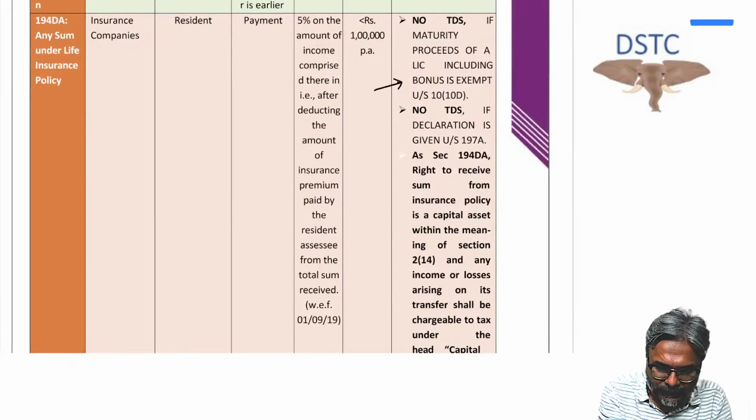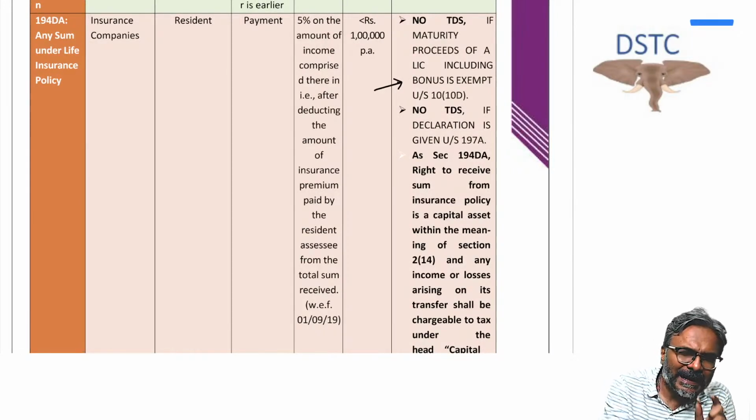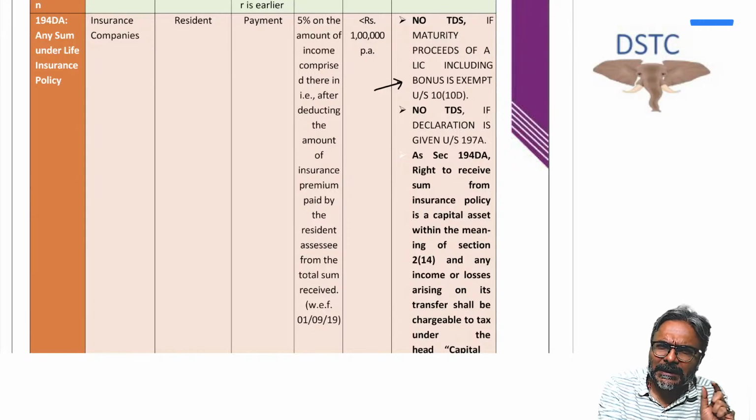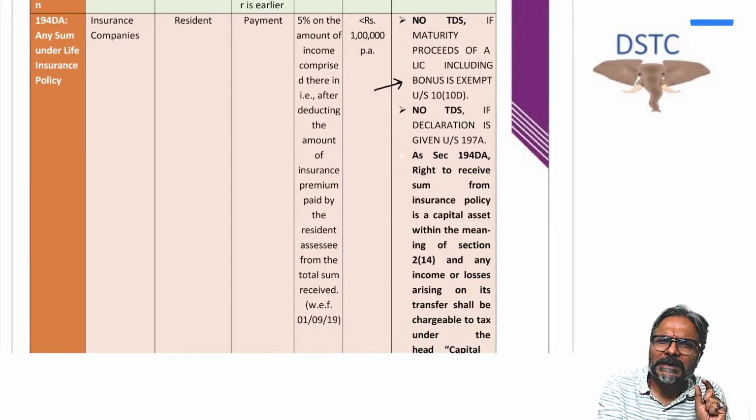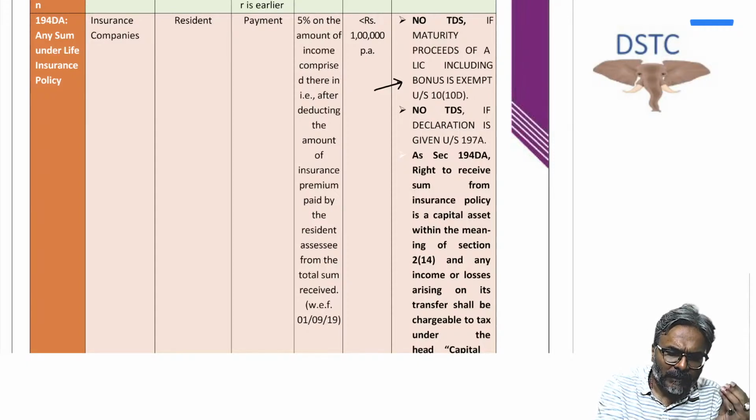Over here, 10(10D) is an exemption, and I have told you already, whenever there is an exemption, will there be an obligation on the part of the payer to deduct the TDS on the amount which is exempt in the hands of the payee? To that, the answer is no. No such obligation will arise in this case.